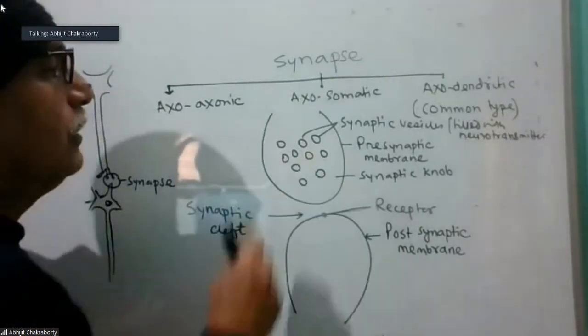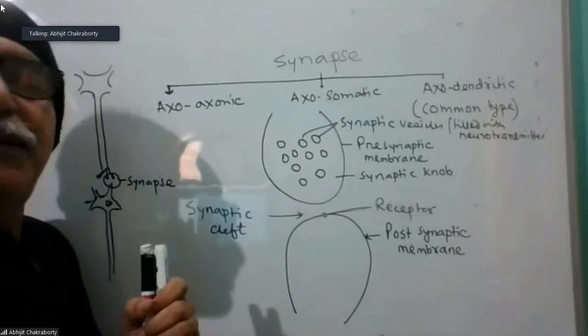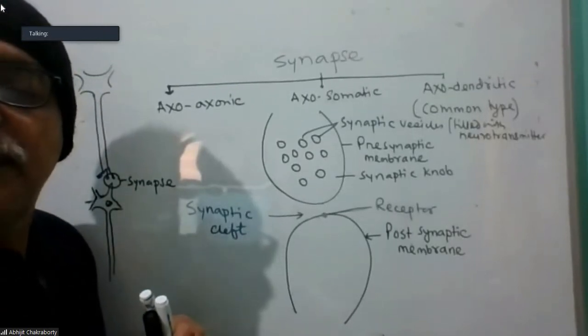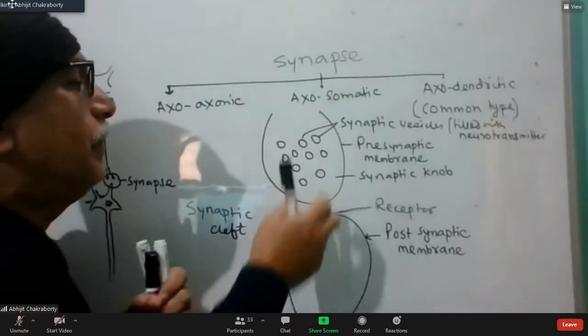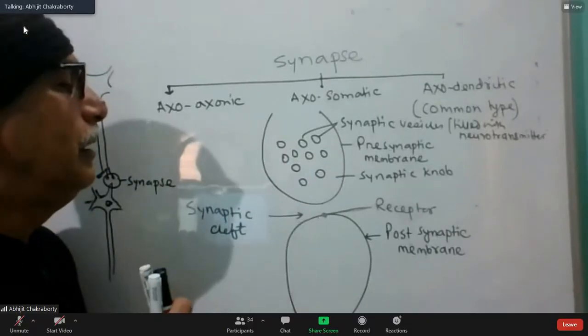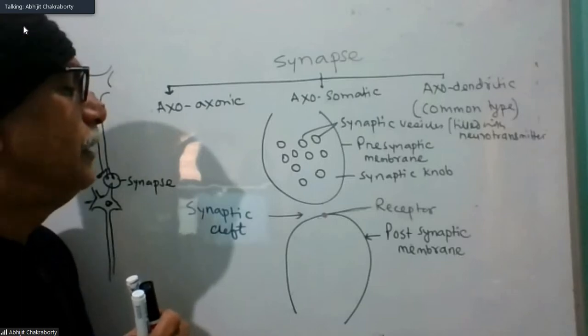So this is the structure of synapse. In the axodendritic synapse, the presynaptic membrane is the membrane of the axon terminal, and the postsynaptic membrane is the membrane of the dendron.